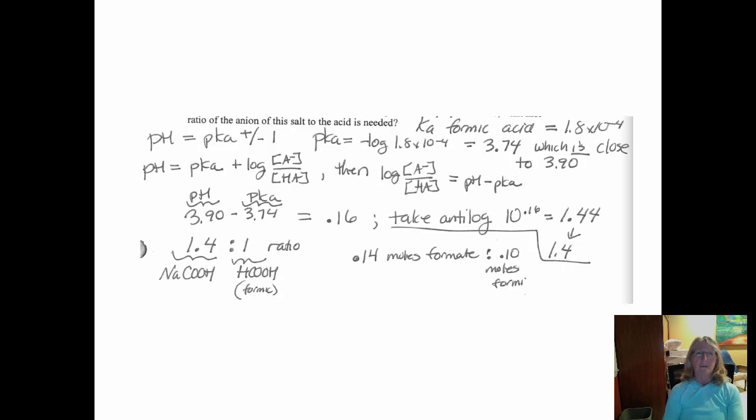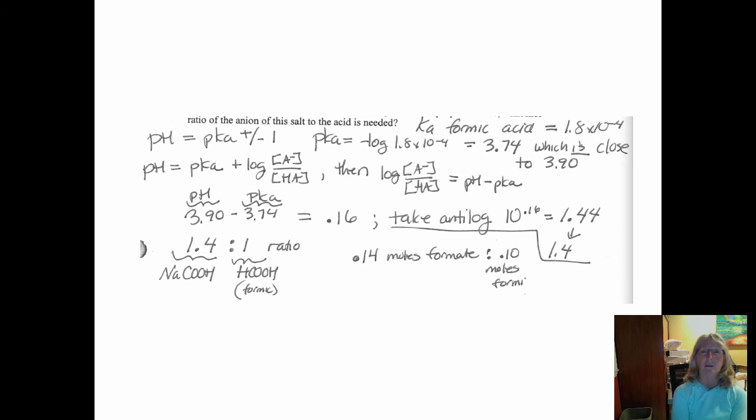How did it go? I found that the pKa of formic acid was 3.74, and that's very close to 3.9. So first answer is yes. Formic acid and formate are a good choice. I took the pH minus the pKa and found the difference was equal to 0.16. 10 to the 0.16 is the antilog of that number.